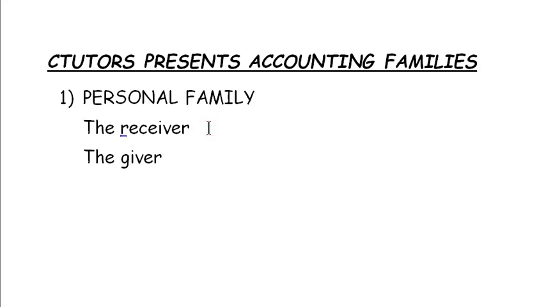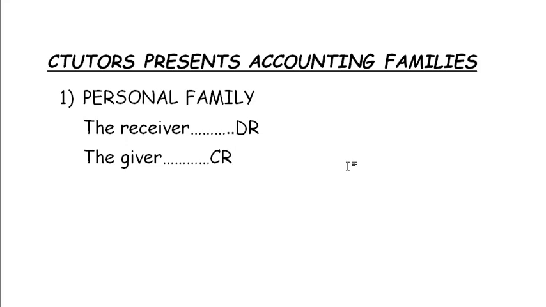What's the rule in accounting? Sorry, you should debit the person if the person is a receiver. Then if the person is a giver, the law said the person will be credited.